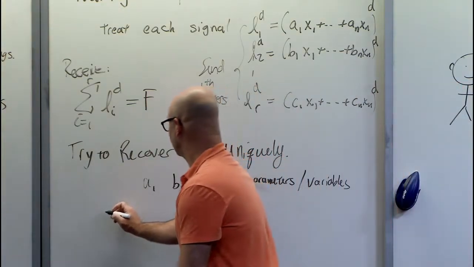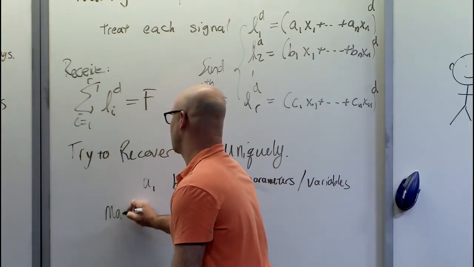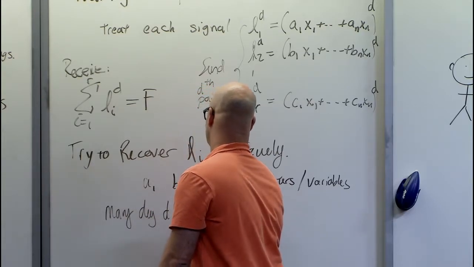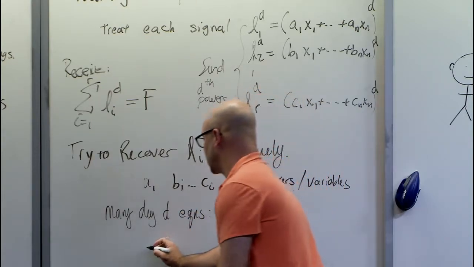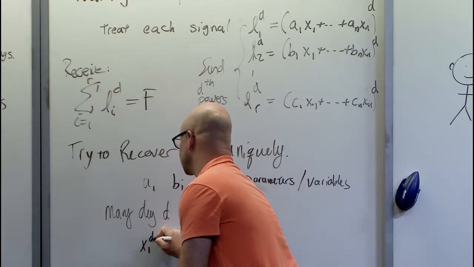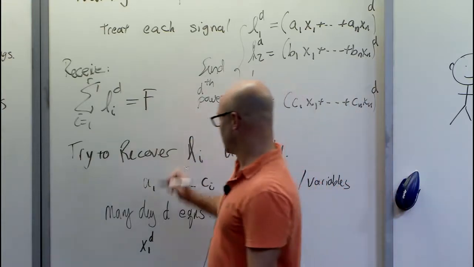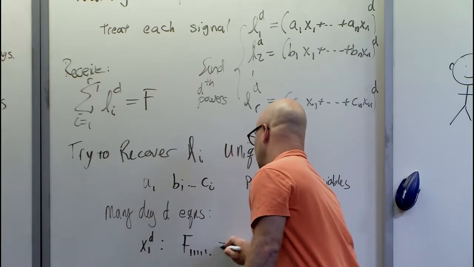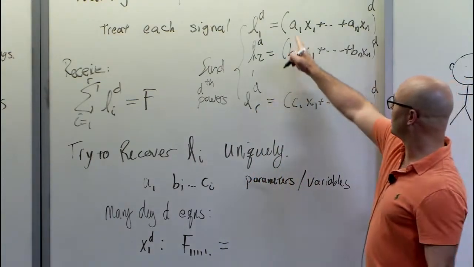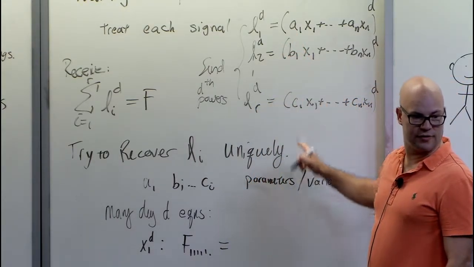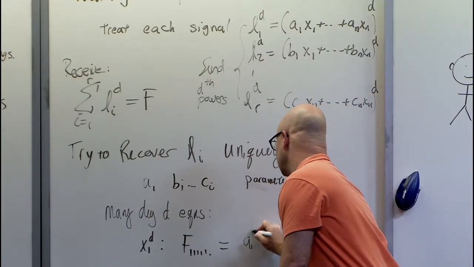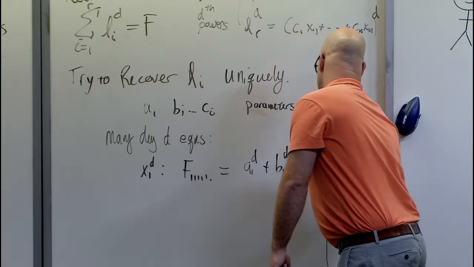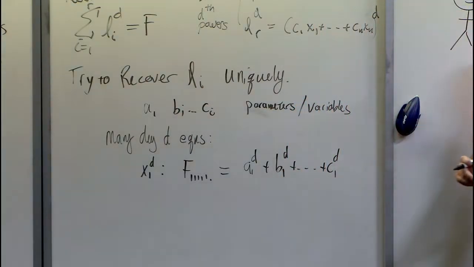And I have many degree d equations. For instance, what is the coefficient on x1 to the d over here? Well, on one hand, it's f1111 is equal to, well, all the ways that I can get x1 to the d out of all of these summands, right? So it's a1 to the d plus b1 to the d plus c1 to the d. Right? That's my first equation.